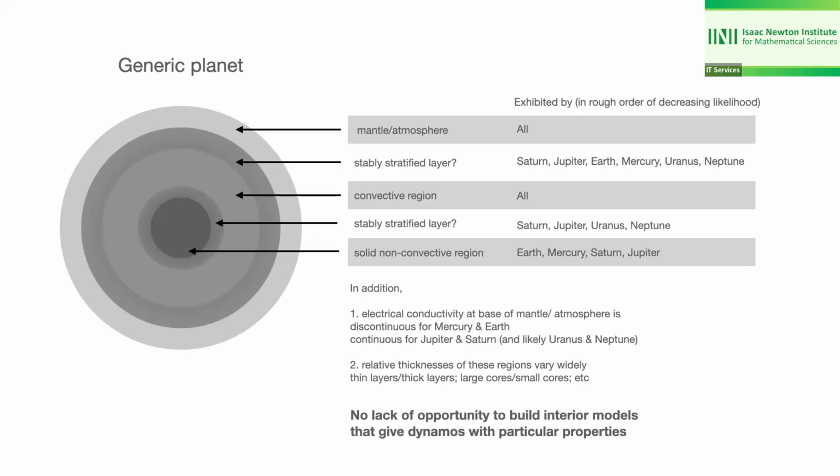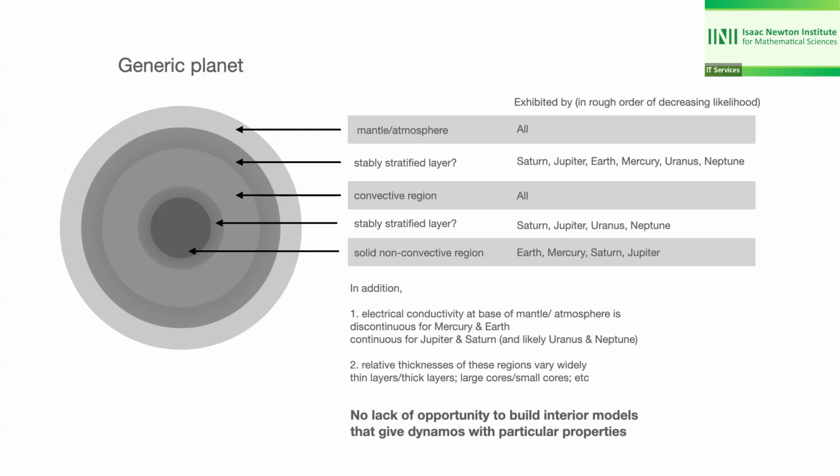Actually, let me go back. On the right here, I've listed in some rough order of decreasing likelihood which of these features each particular planet has. One could certainly argue about whether it's more likely in planet A than planet B, but obviously, as I said, all have a mantle or atmosphere that gets in the way of seeing what's happening in the conducting region.